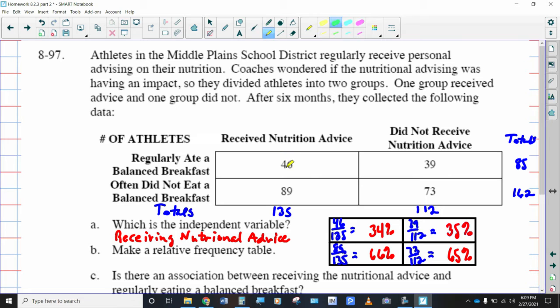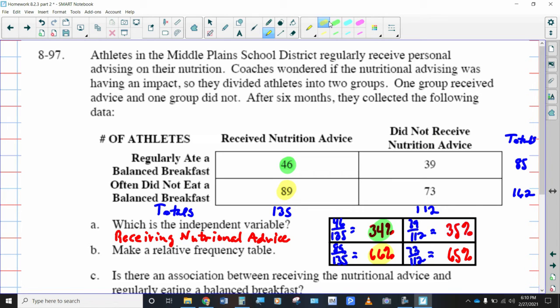So if 46 out of the 135 students that received nutritional advice regularly ate a balanced breakfast, that means that 34% of the students that received this advice followed the advice and ate a balanced breakfast, whereas 89 out of 135, or 66%, chose not to eat a balanced breakfast, even though they received nutritional advice that said you should always eat a balanced breakfast.